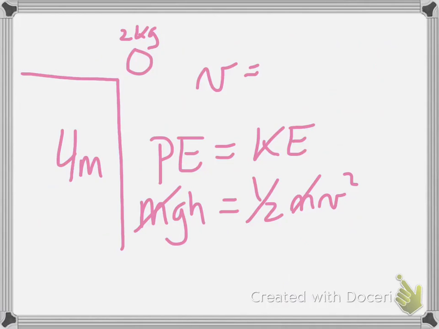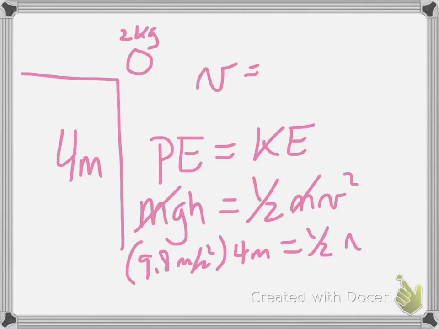So we have gh, so 9.8 meters per second squared times 4 meters equals 1/2 times the velocity squared. Okay. So this side comes out to be roughly 40 multiplied by 2, you get 80. So the velocity would be the square root of that, so you're looking at roughly a little less than 9 meters per second.